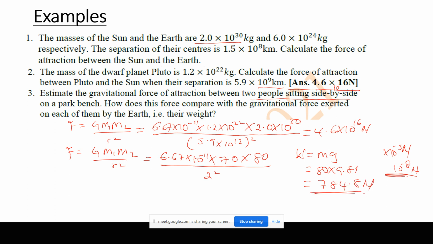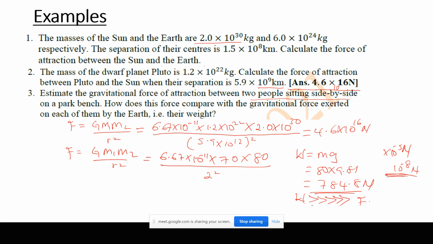So now you notice that the weight, which is the force exerted on the people due to the gravitational force of the Earth, is far, far, far greater than the force of attraction between them.